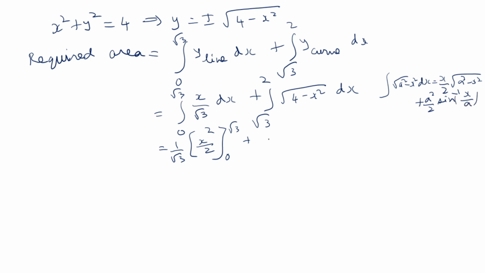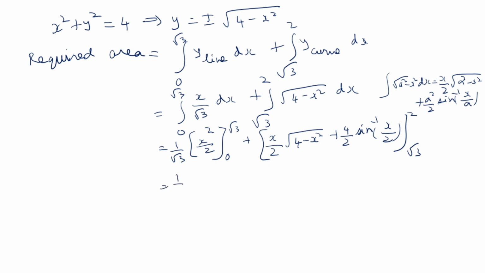So plus x by 2 root of 4 minus x square plus 4 by 2 sine inverse of x by 2, from root 3 to 2.